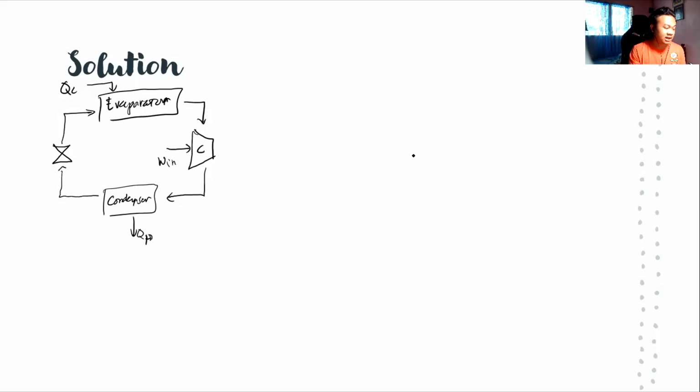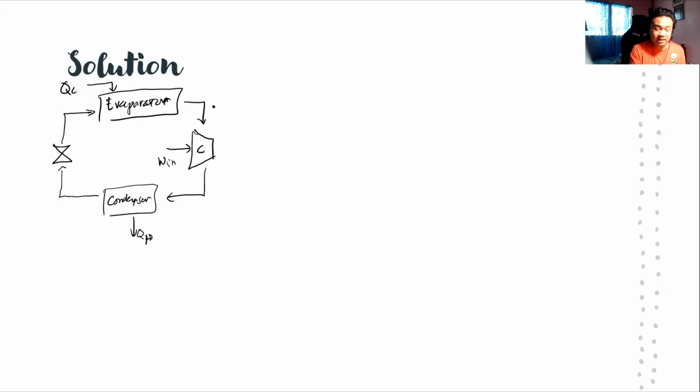So that's what the throttling valve does. It expands your liquid, so that it goes to the evaporator, and it goes on and on.